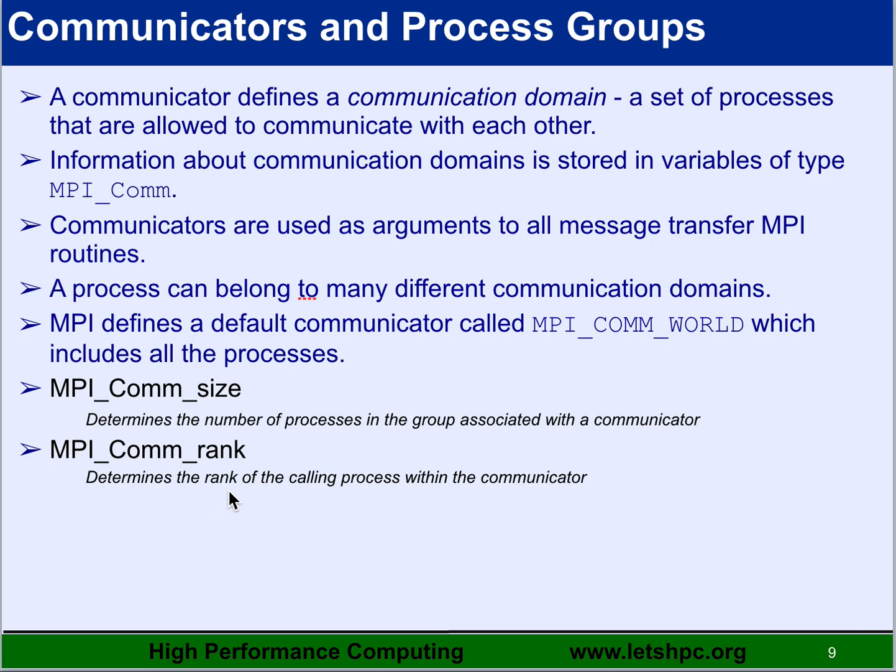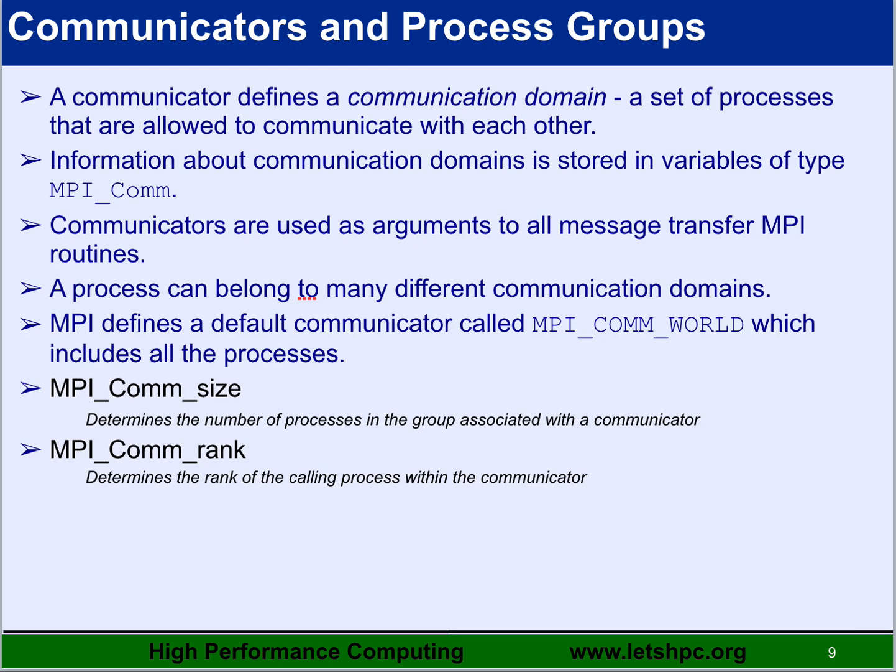MPI_Comm_rank determines the rank of the calling process, because this can be called from different processes. Whichever process is calling this MPI_Comm_rank function, it will return the rank of the calling process within that communicator.